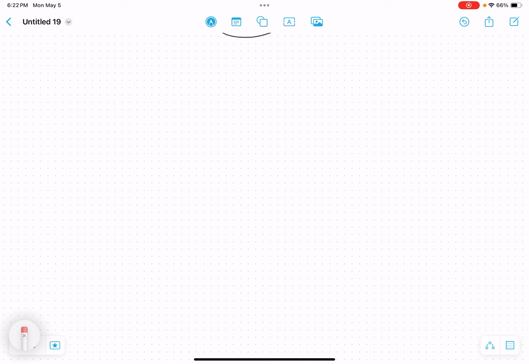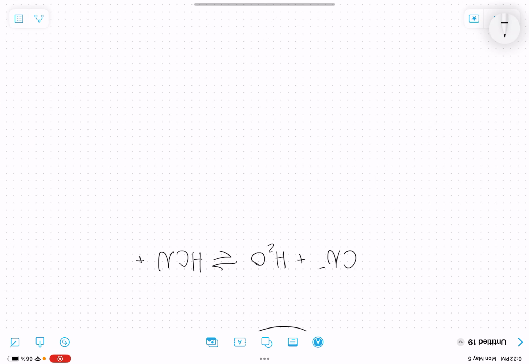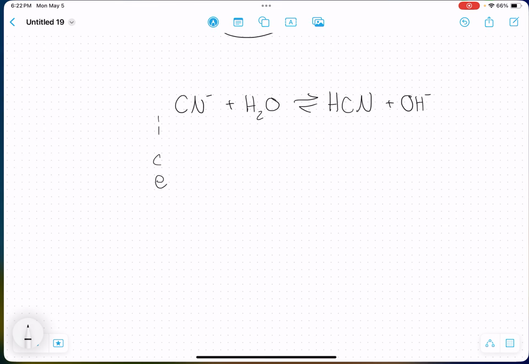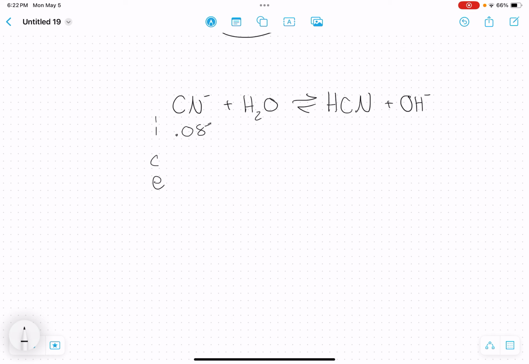We're going to have to do an ICE table with CN minus, because equilibrium means we have to have a K, and the only compound we have is the CN minus. So we're going to do the Kb. So, what did I say? 0.0857, right? 0.0857, 0 of this, 0 of that.